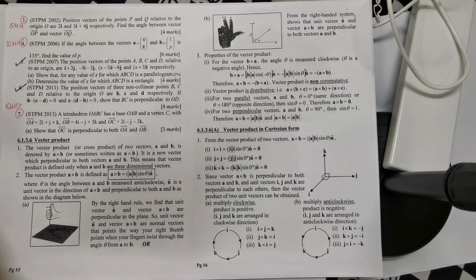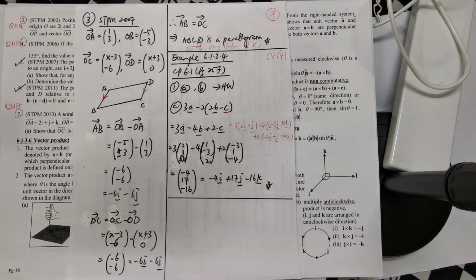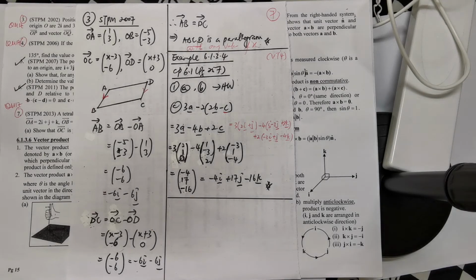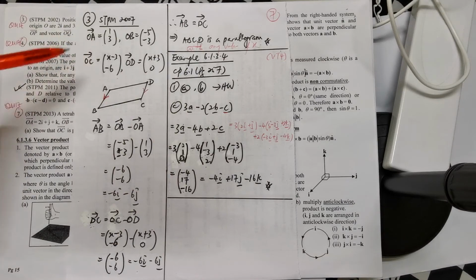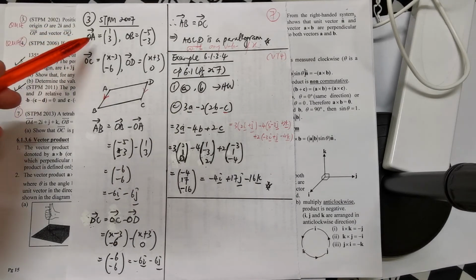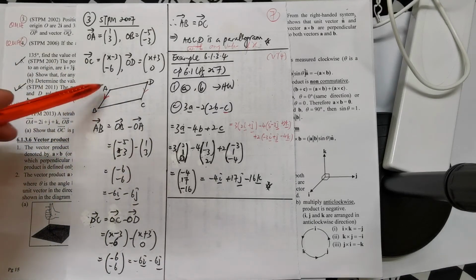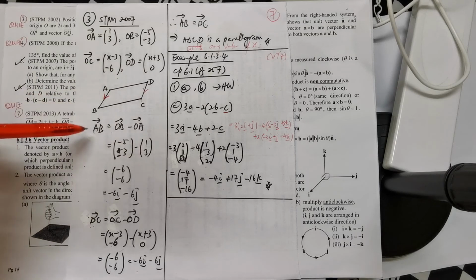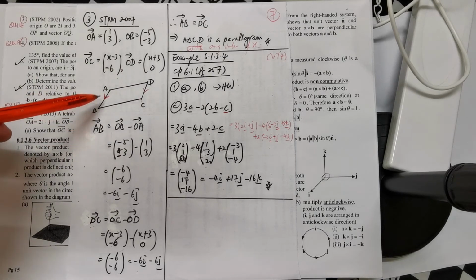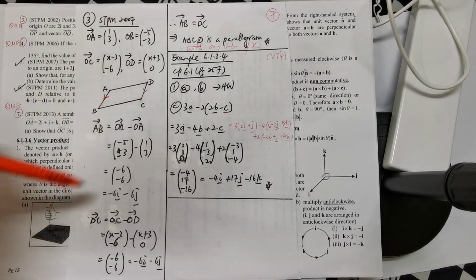Okay, here. Remember this? We have discussed before. You are given vectors OA, OB, OC, OD. Show that for any value of x, ABCD is a parallelogram. So I calculate AB and I calculate DC, because they must be parallel, right?